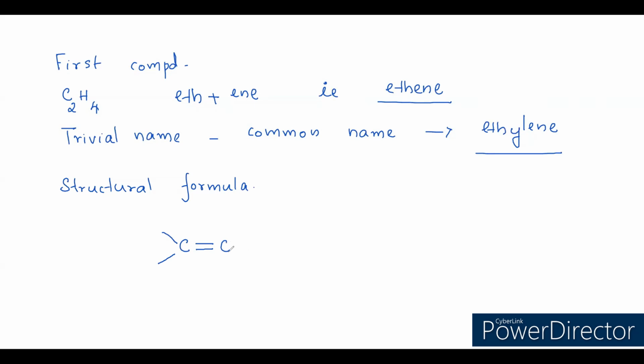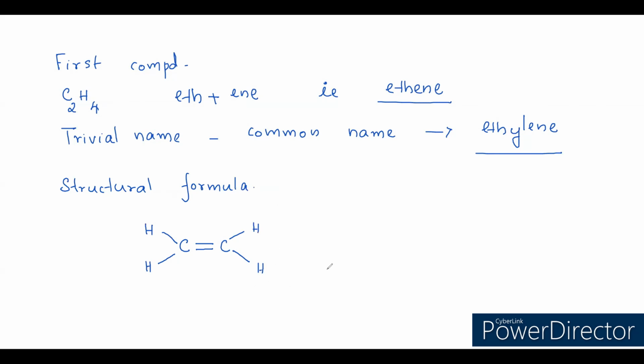Similarly, on the second carbon, two bonds are already formed and two more bonds need to be formed. Those are represented like this. Now fill them up, satisfying all the valencies with hydrogen.